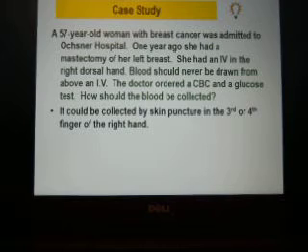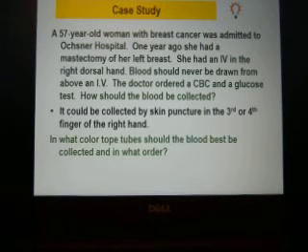It could be collected by skin puncture in the third or fourth finger of the right hand, right? Because the mastectomy is on the left side of her body, so we wouldn't want to use that left arm or left hand. We don't draw above an IV, so if the IV's in her hand, the fingers are below that, so we could collect it on that third or fourth finger of the right hand.